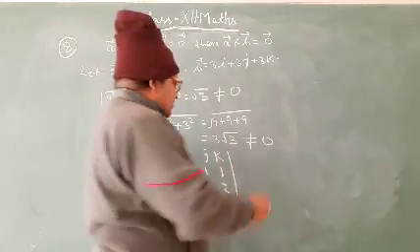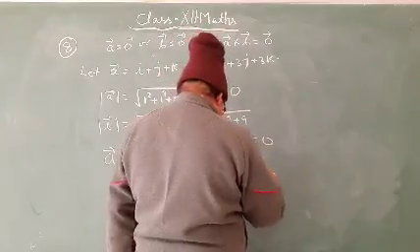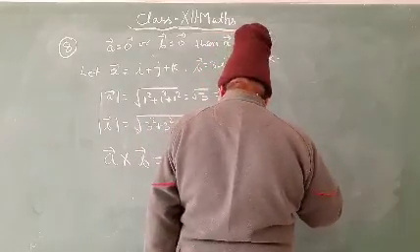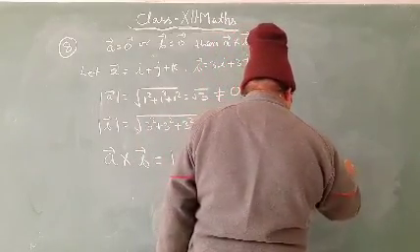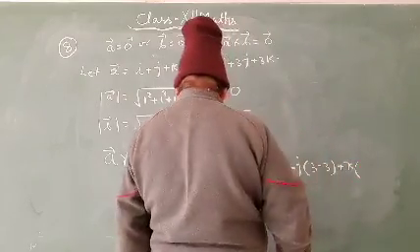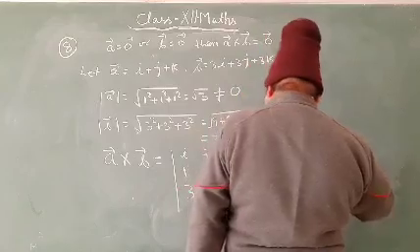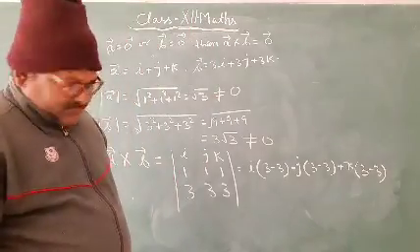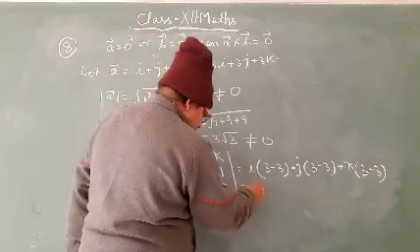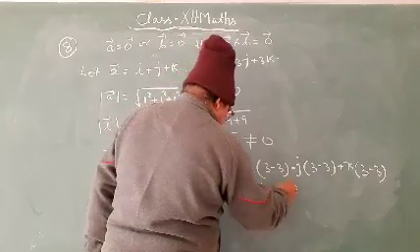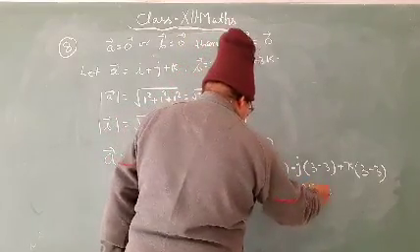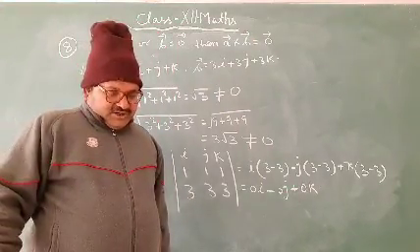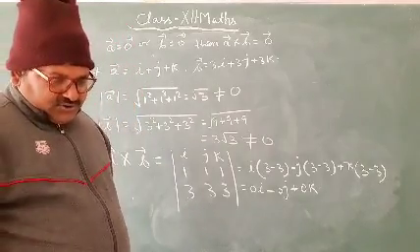That is i(3 minus 3) minus j(3 minus 3) plus k(3 minus 3), equal to 0i minus 0j plus 0k, that's equal to 0 vector.